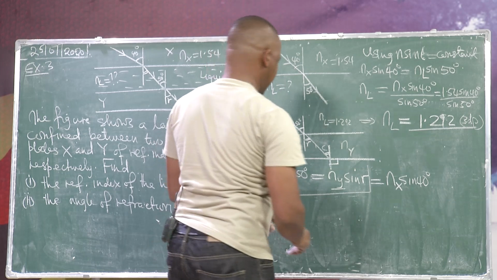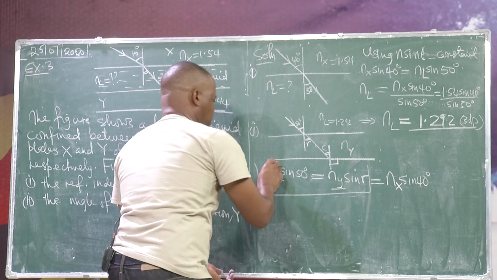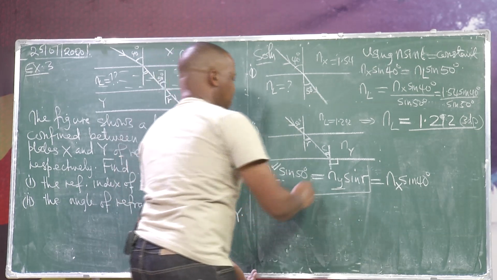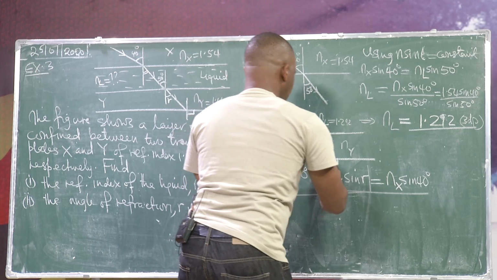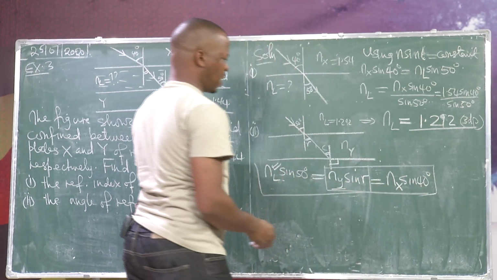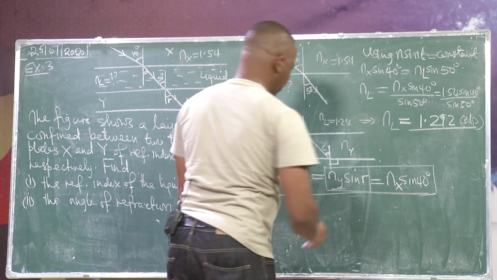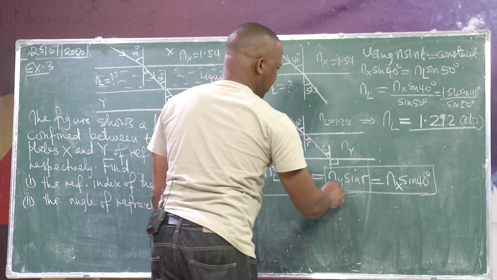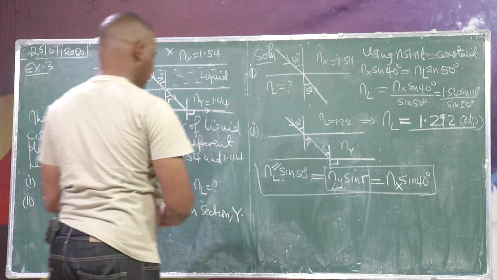We can use this, or we can use this. But since we have just calculated this, it is important that we use this where the values are known. We know nY and we know nX.